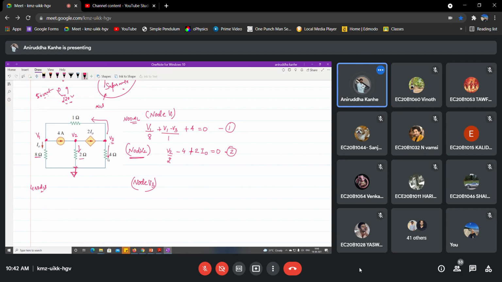So we can write V3 by 4, and for this 1 ohm resistance it is plus V3 minus V1 by 1. This is given to you, minus 2I0, minus 2I0. 10 minutes.